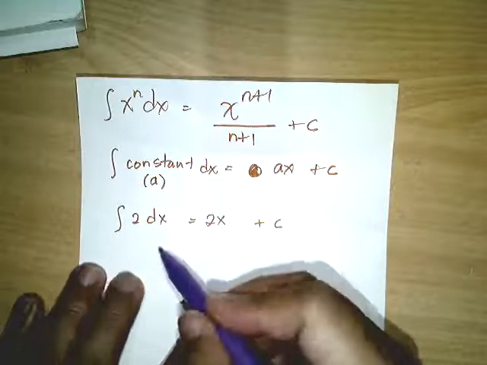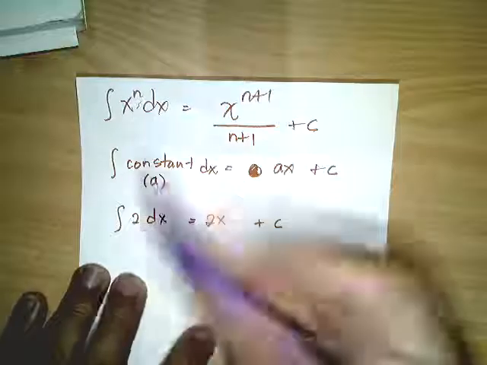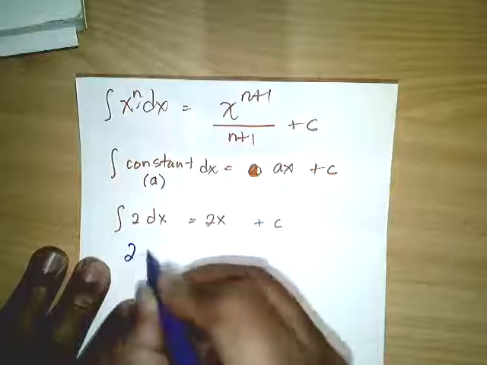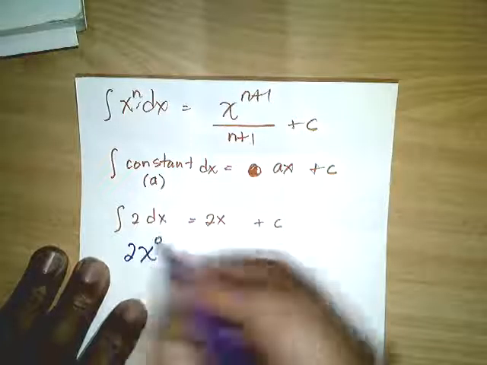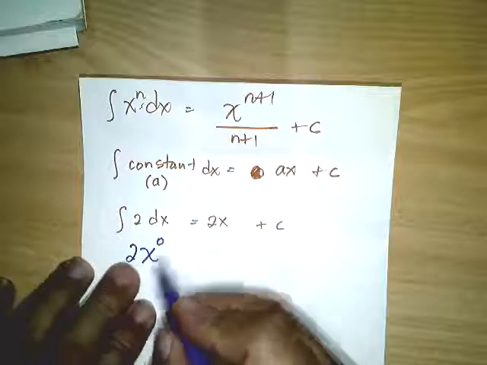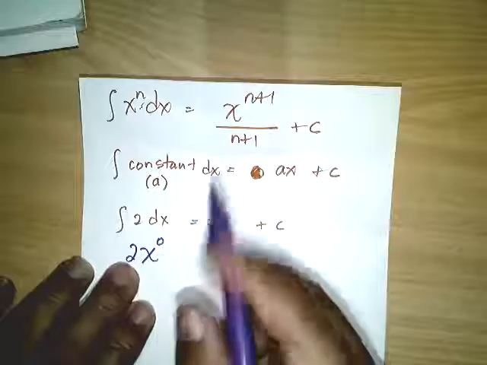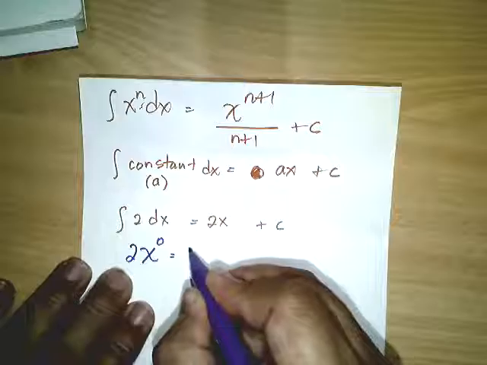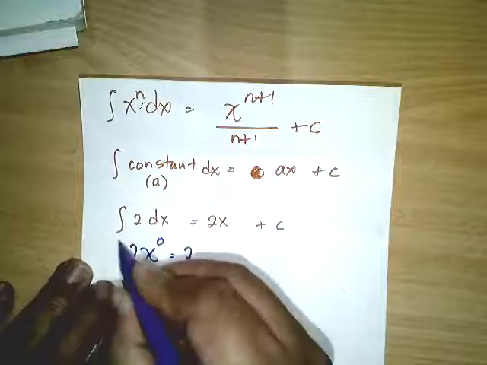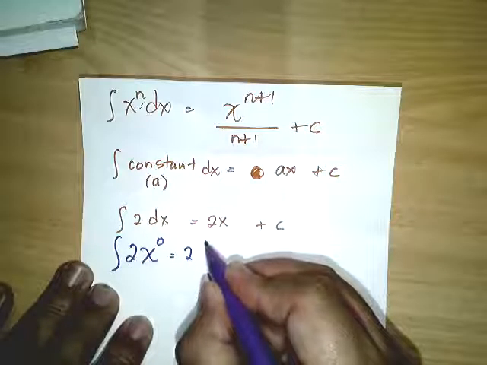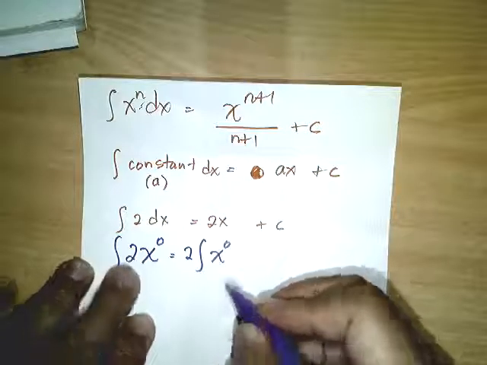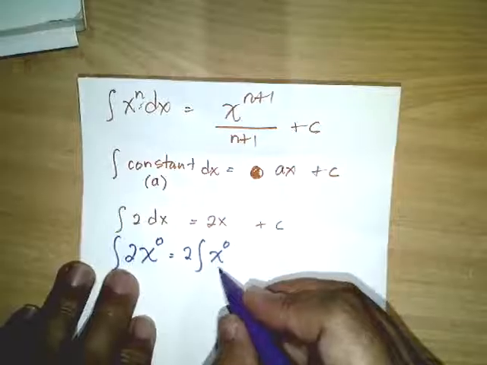How is that so? If you apply this formula here, 2 can be written as 2 times x to the 0, and take a look that x to the 0 is 1. So we can write this as 2 times the integral of x to the 0.